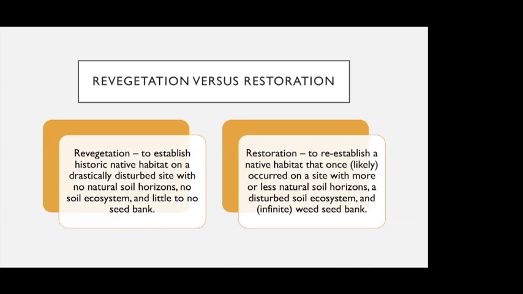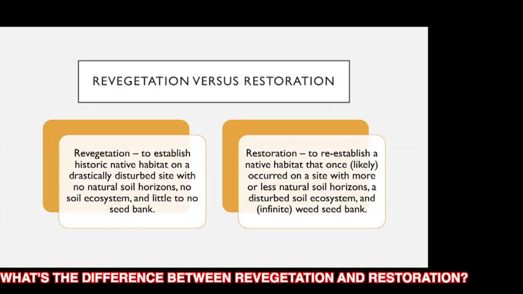So I mentioned revegetation. What's the difference between revegetation and restoration? Revegetation establishes a historic native habitat on a drastically disturbed site with no natural soil horizons, so no organic A, B, C horizons in the soil, no soil ecosystem, and little to no seed bank.